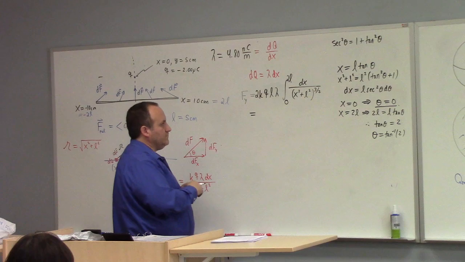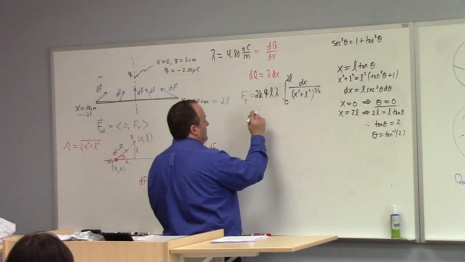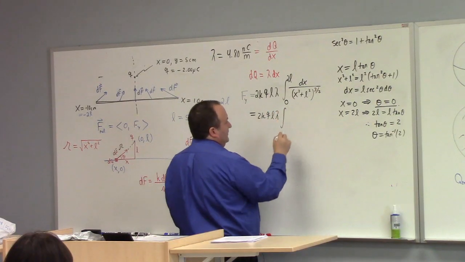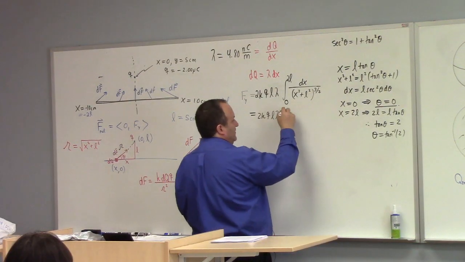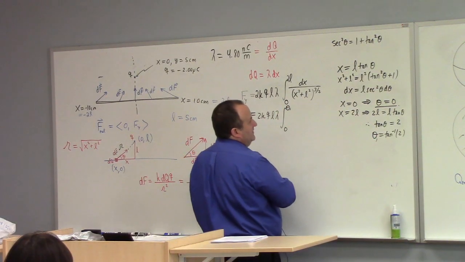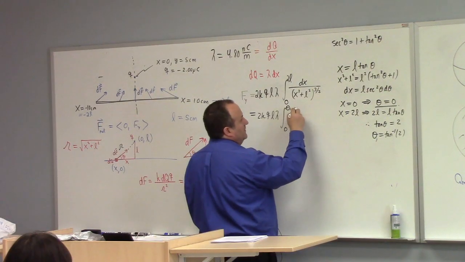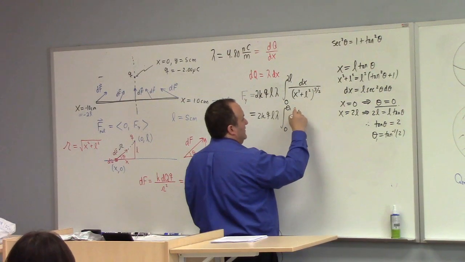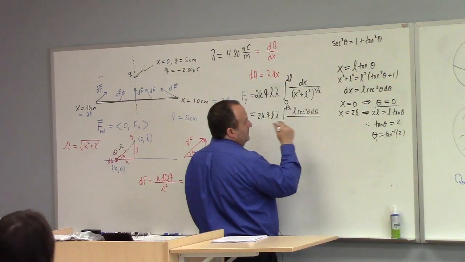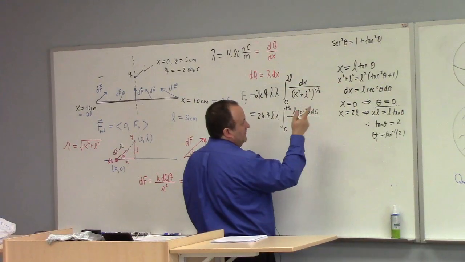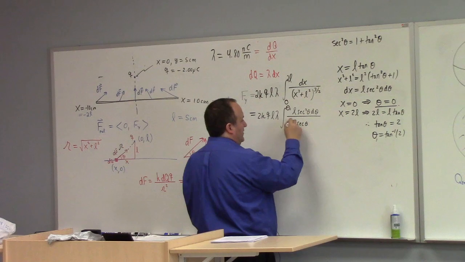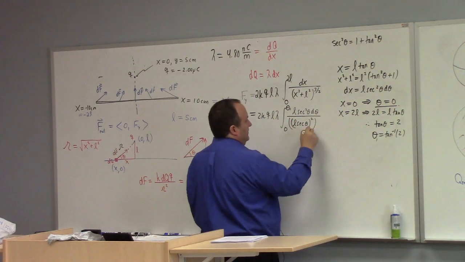So we've got 2kqL lambda, integral from 0 to inverse tangent of 2. I'm going to call that theta 1. Integral from 0 to theta 1. My dx was L secant squared theta d theta, and I've got x squared plus L squared, which was L squared secant squared theta. So I've got an L secant theta quantity squared, all to the 3/2 power.